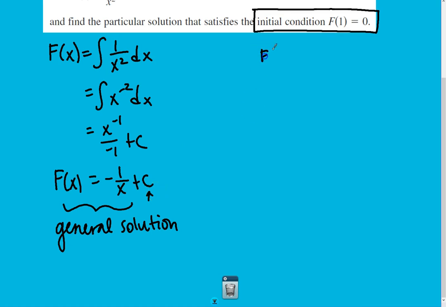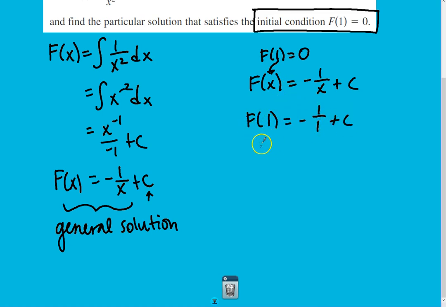So if f of 1 equals 0, then f of x is equal to negative 1 over x plus c. I'm going to plug in 1 here and 1 here. So f of 1 is equal to negative 1 over 1 plus c, which is supposed to be 0. So 0 is negative 1 plus c, so c must equal positive 1.